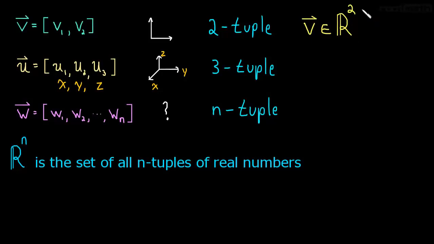Because R2 is the set of all 2 tuples, well, V is just one of those 2 tuples. So V must be in R2. And R2, we can loosely think of as the plane. I mean, we haven't defined what a dimension is, but we can think of it as the 2-dimensional plane. So this is R2.